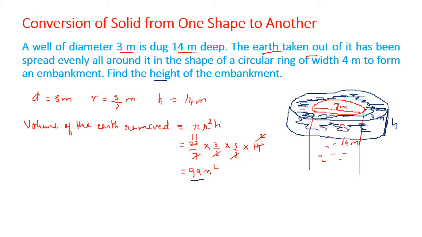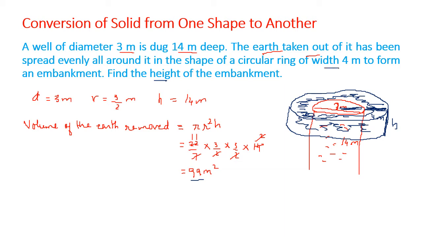So whatever mud you removed is spread. Now how will you find the volume of this embankment? To find this blue part, you have 3 by 2 plus 4. The width is 4.